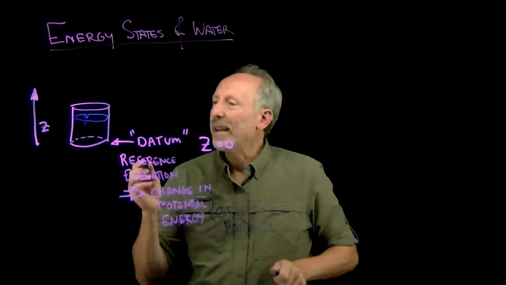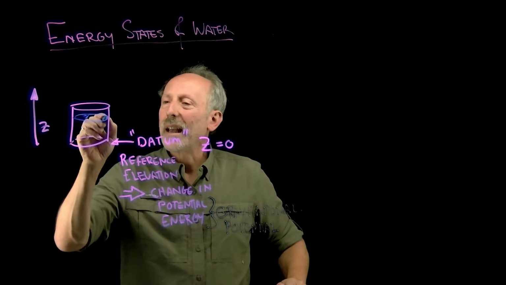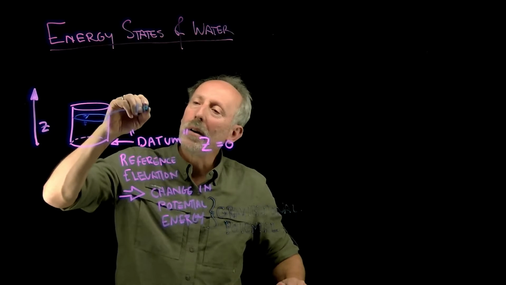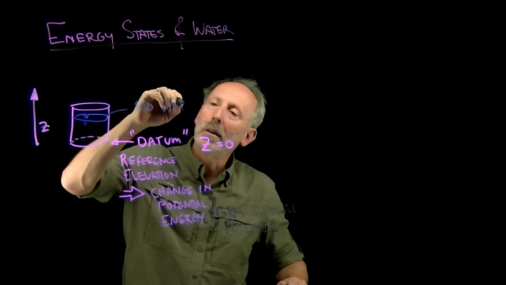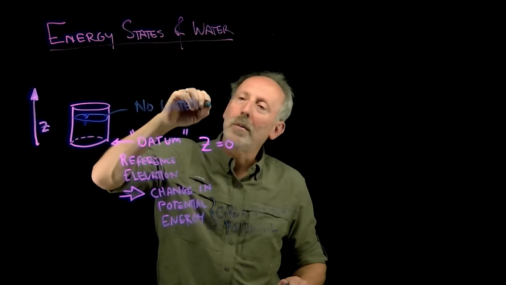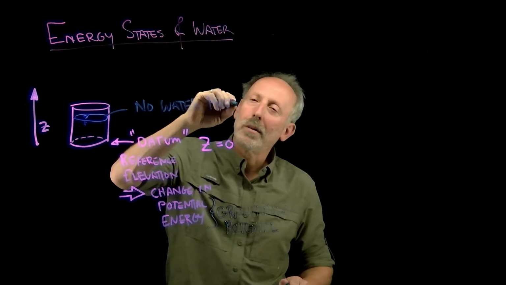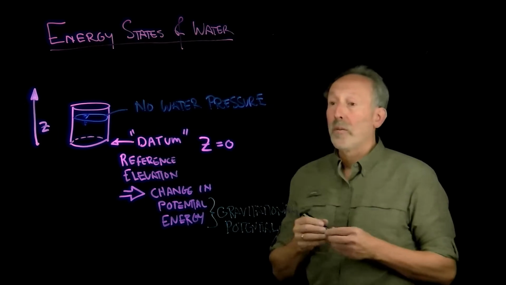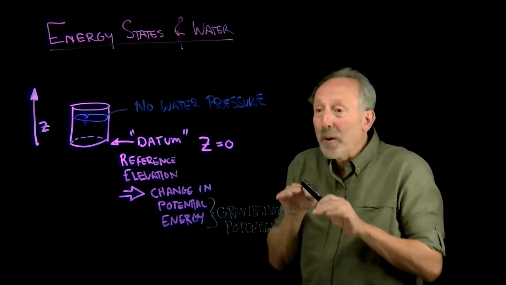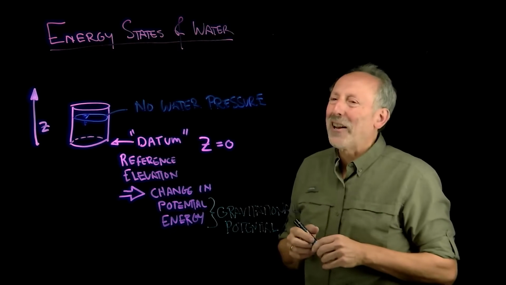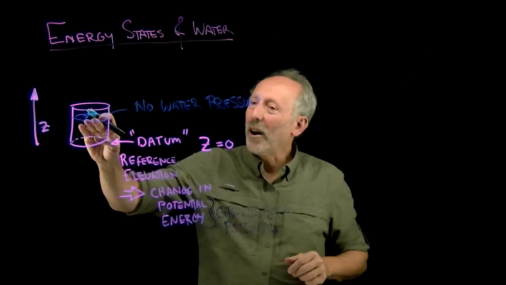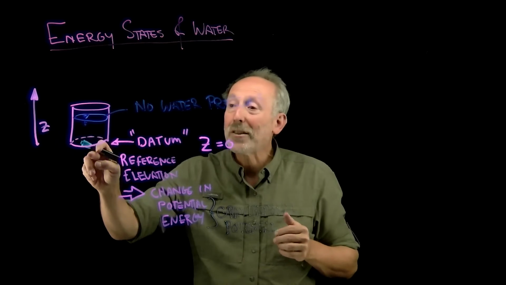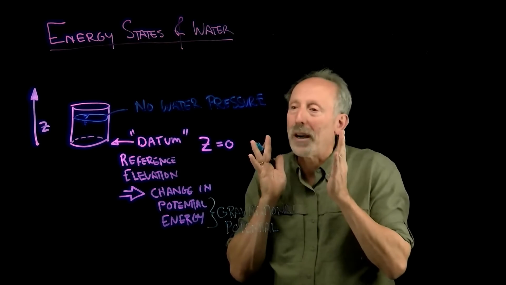At the top of this water, we have no water pressure in terms of water bearing down on us. So if we dove into this little glass of water, we'd find that our ears would not feel any compression when we just dove through the surface, but as we went deeper and deeper, we'd feel the pressure.